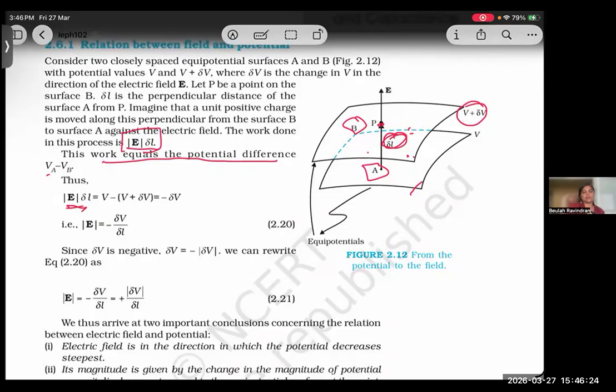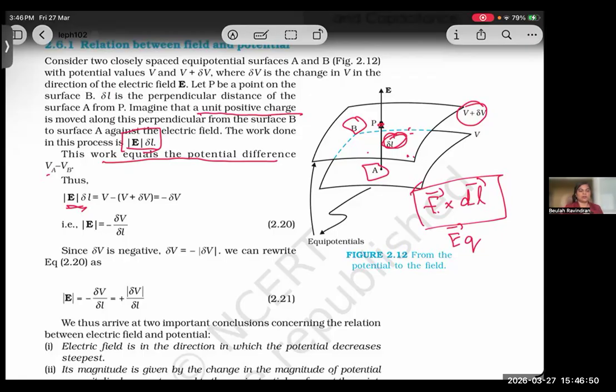You know that force times displacement is the work done. The force can be written as E into Q, where Q is the charge.